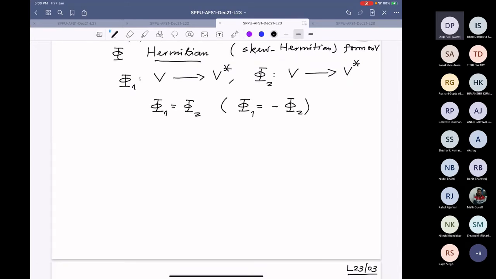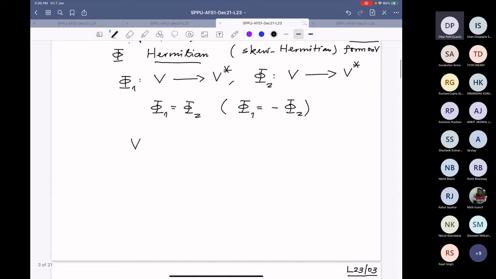And then what will be the V perp? V perp on this side and V perp on this side. This is precisely the kernel of phi1 and the kernel of phi2, and they are equal.